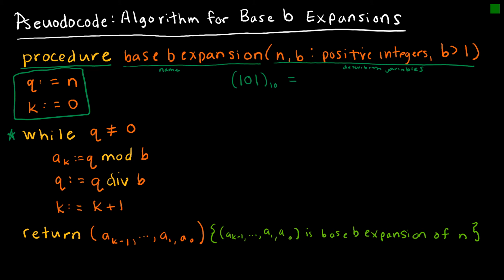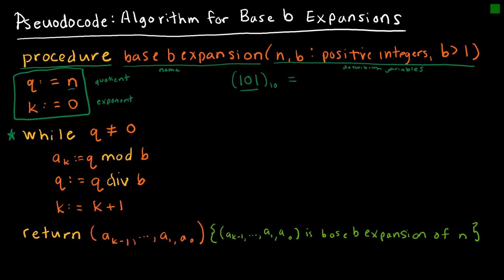And I also know that my starting point for q, and q is my quotient, is going to be n, and remember n is the value that I'm starting with. So in this case, n would be 101. And k, which is actually our exponent, is going to start at 0.